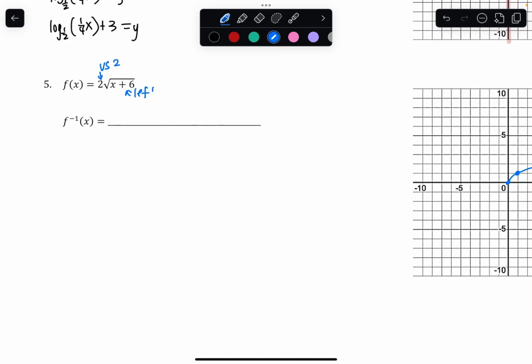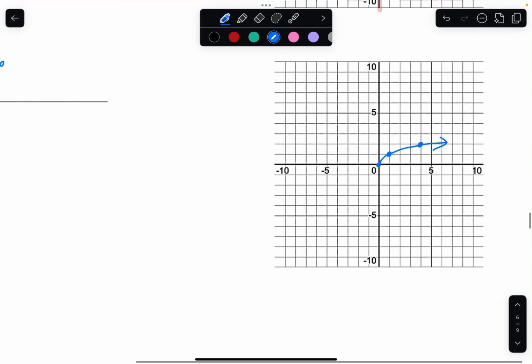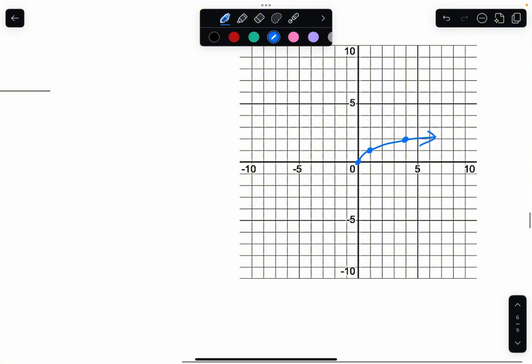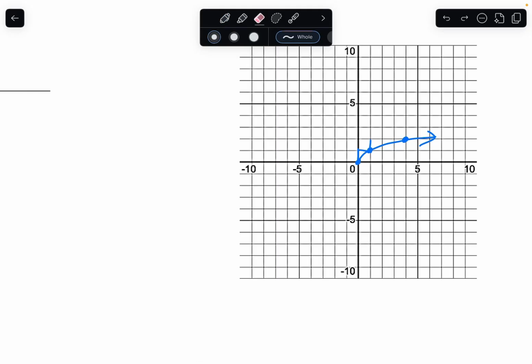So we need to vertically stretch it first. And so a vertical stretch by 2 is going to change our vertical distances. So notice we go up 1 over 1, up 1 over 3. So instead of going up 1 over 1, we're going to go up 2 over 1 and then up 2 over 3. It's just changing the vertical distances.